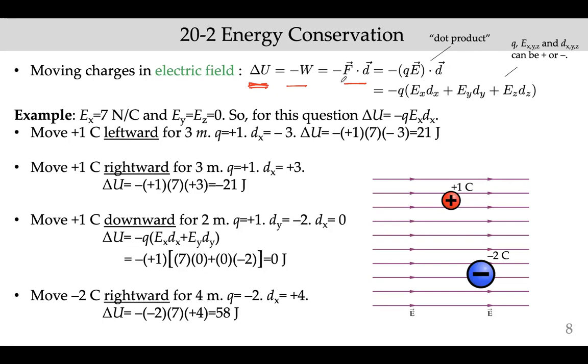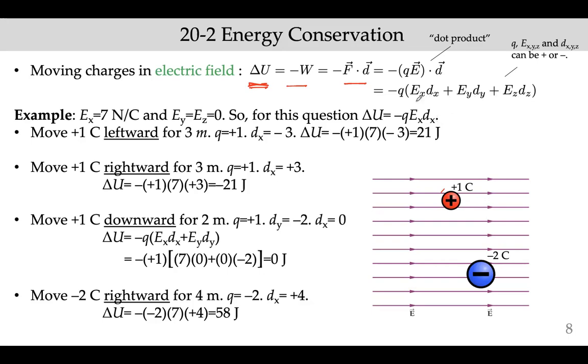So force: in chapter 19, we learned that if you have an electric field and you place a charge in that electric field, the electric force becomes Q times E. And we still have the dot product here. Now, if you expand the dot product, let's keep the negative and Q here. It will be the x component of the electric field times the x component of displacement, plus the y components, plus the z components multiplied.